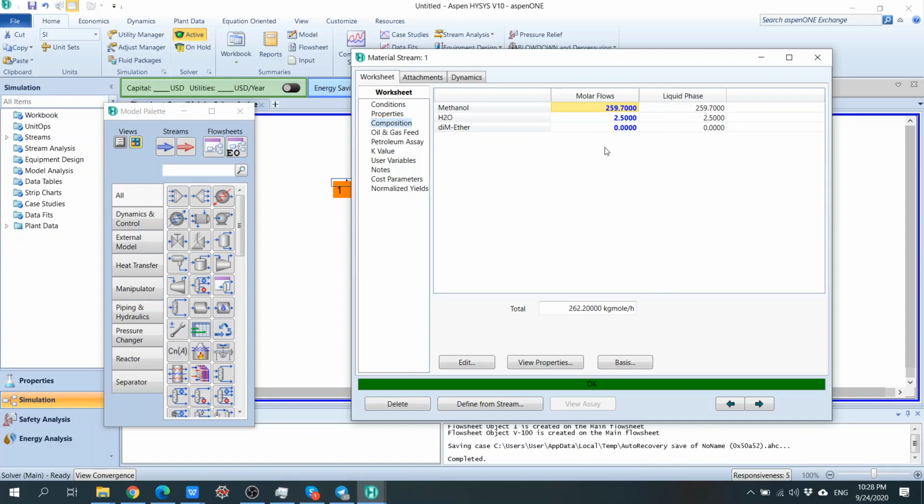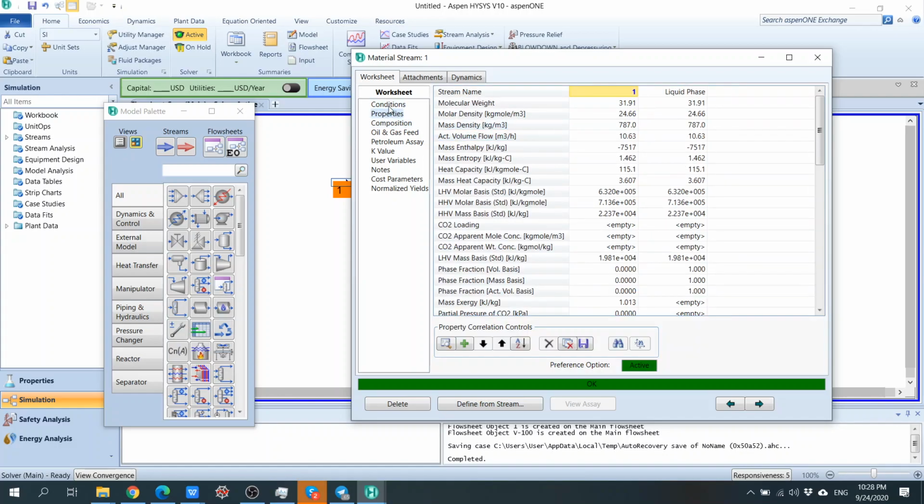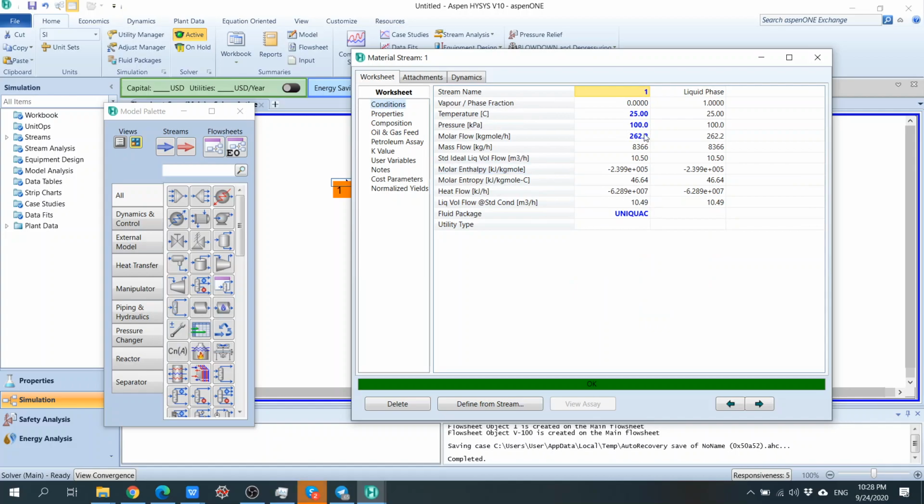There is no literature saying your stream is 259.7 kilomole per hour and 2.5 kilomole per hour of water. There's no such literature for that. But we do know we need these compositions, and then we can estimate the other properties.